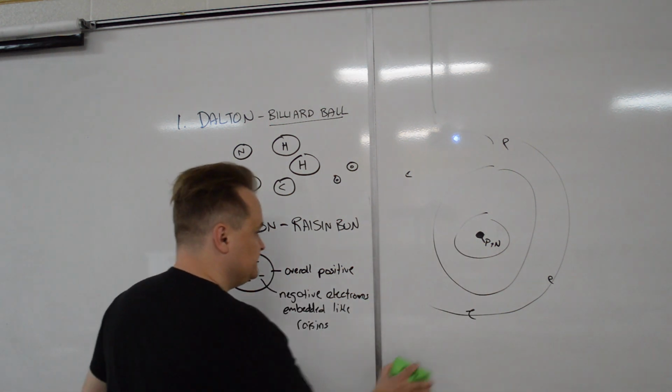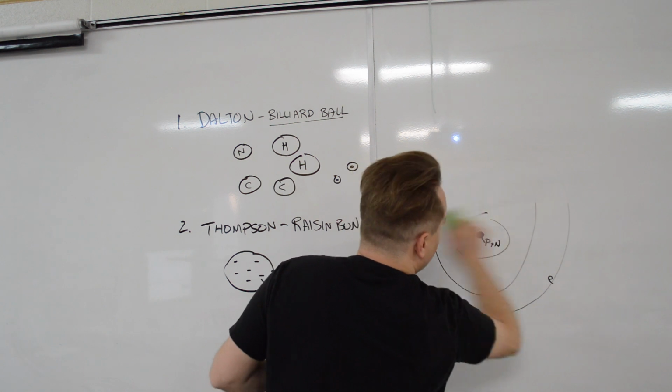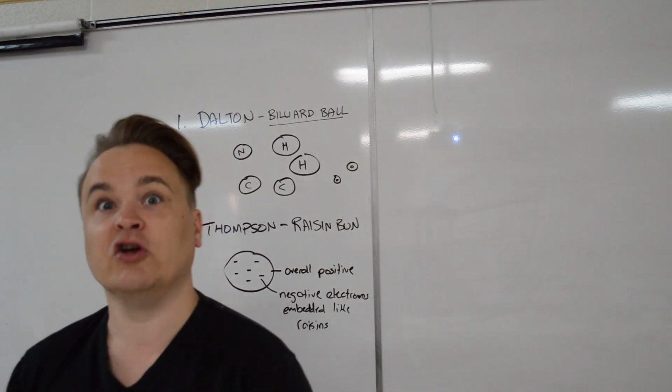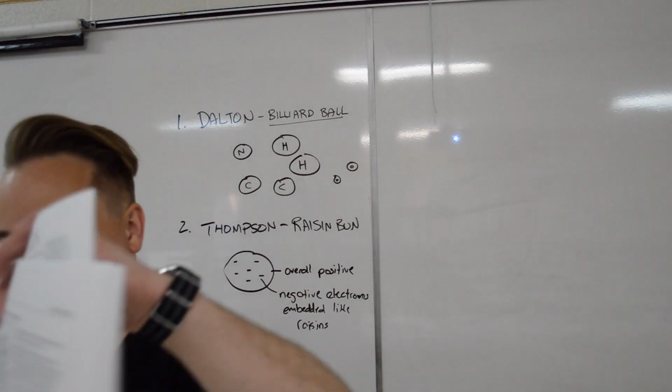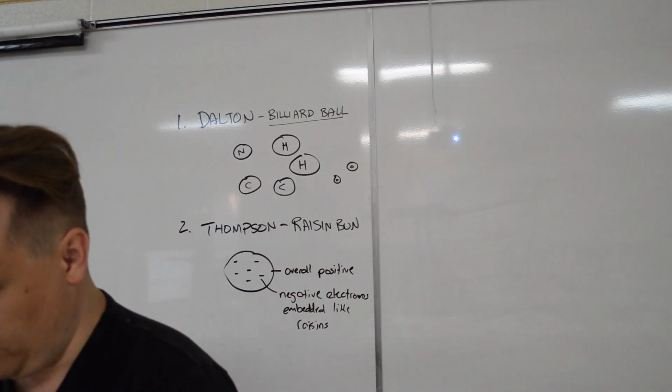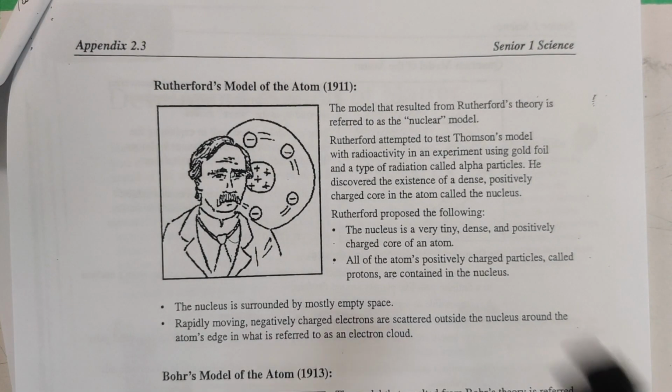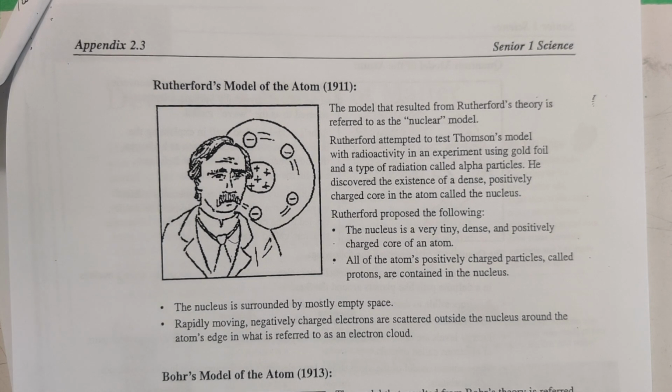So now we move on to the second last major contributor, and we look at Rutherford. And Rutherford comes up with some cool ideas here. Rutherford's model that resulted is called the nuclear model. So we'll write that down.